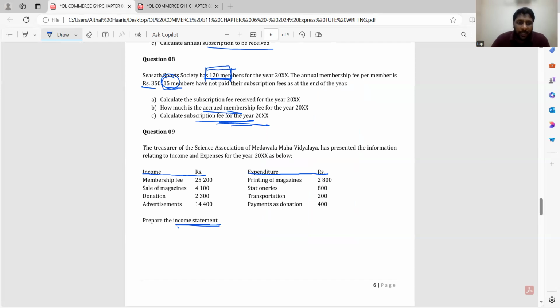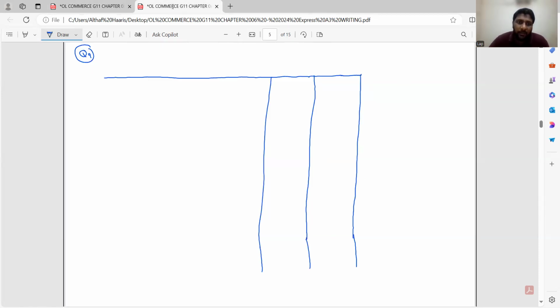So what's the society? Science Association of Medawala Mahavidyalaya.